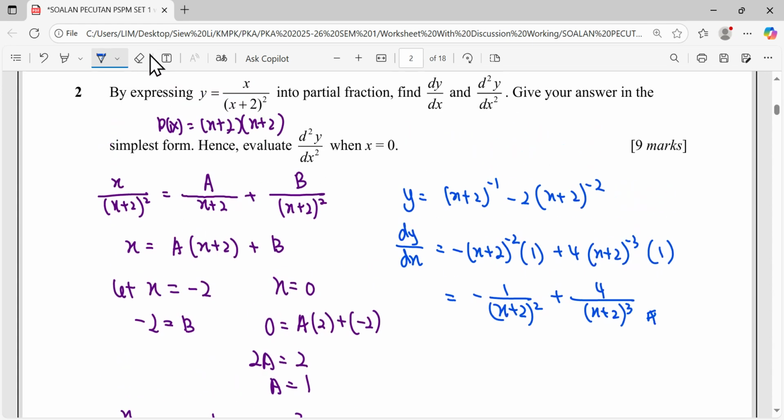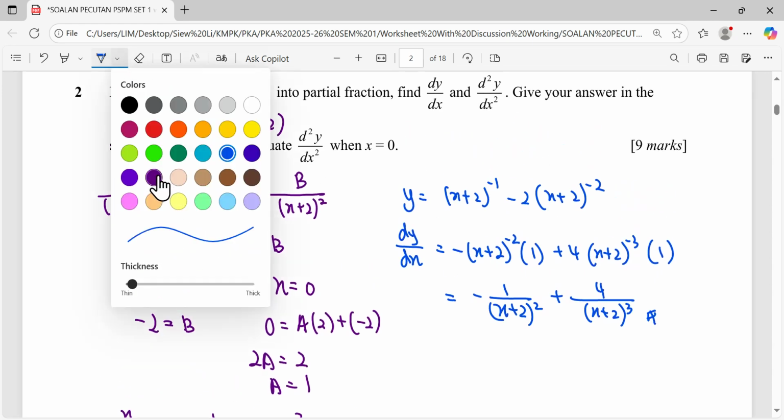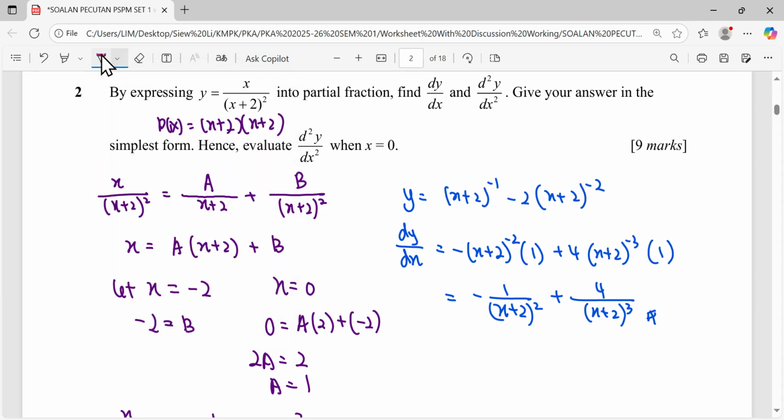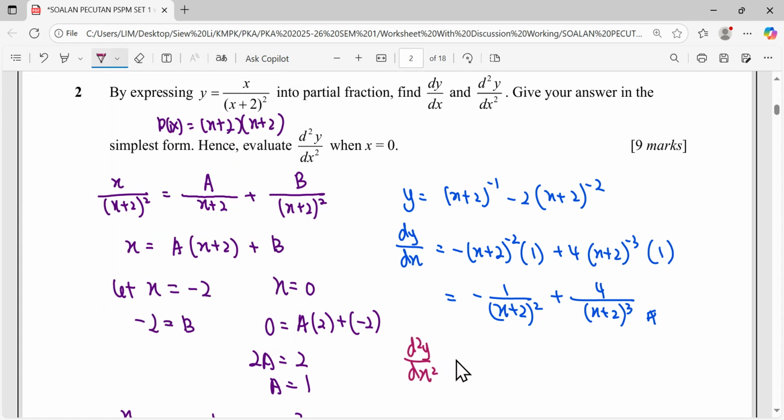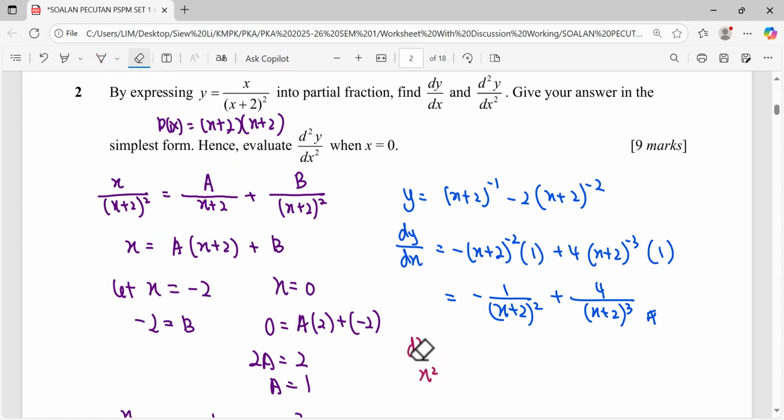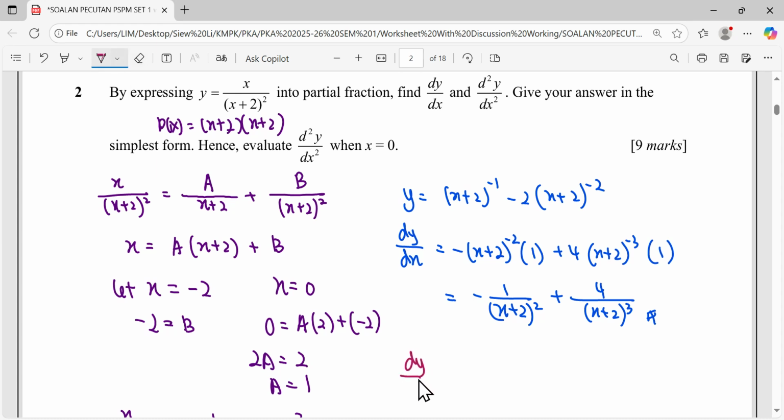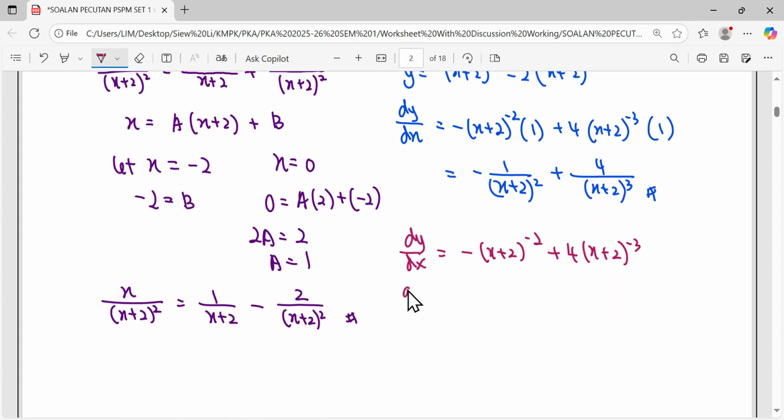Continue, find d2y/dx squared. So we're going to continue with its second derivative. Before I get the second derivative, I rewrite our dy/dx as negative (x plus 2) in power form. Do the second derivative.